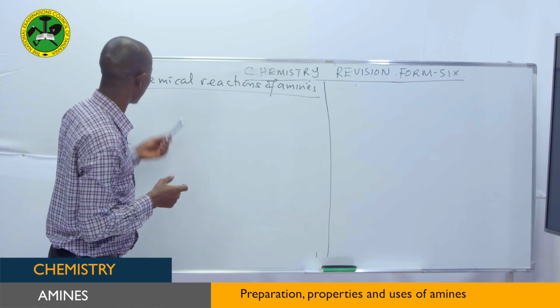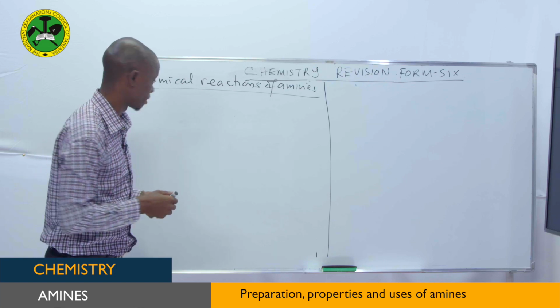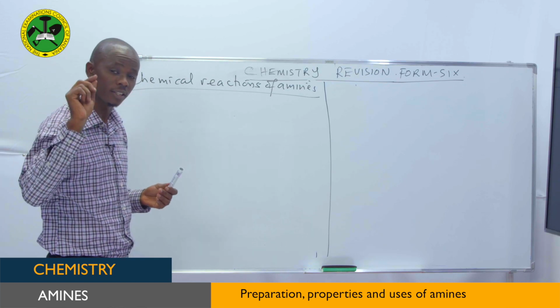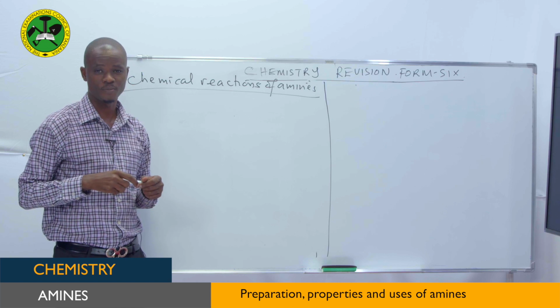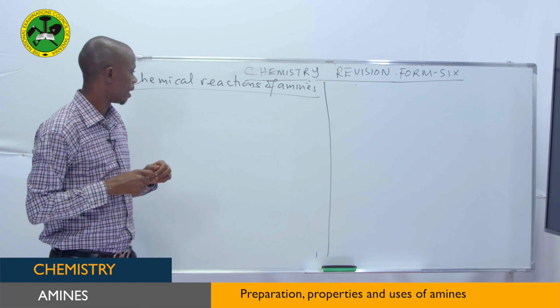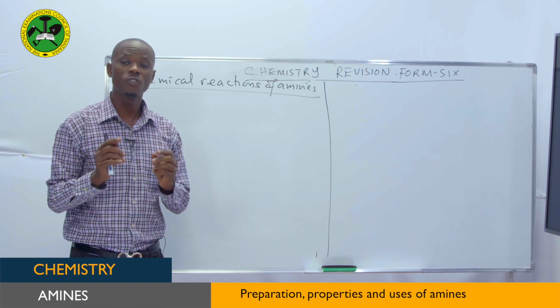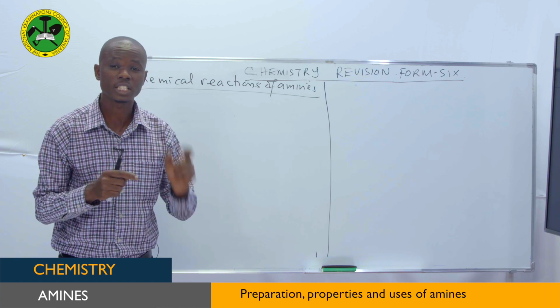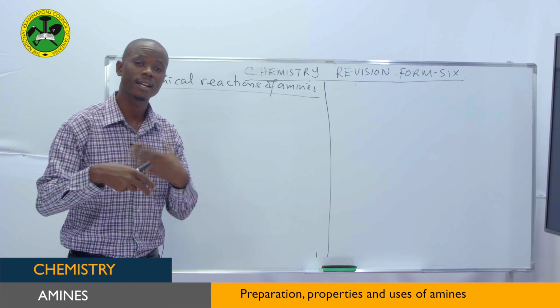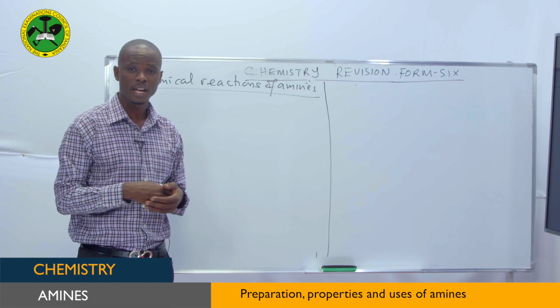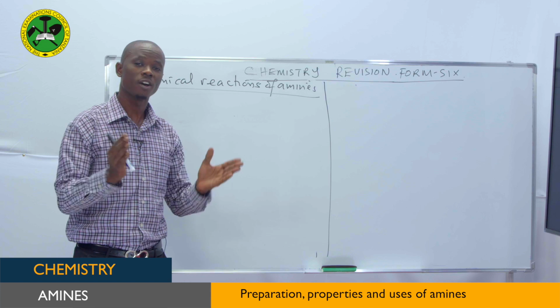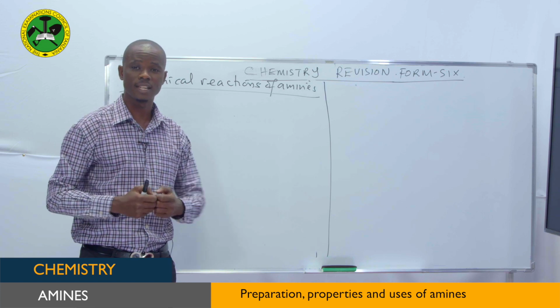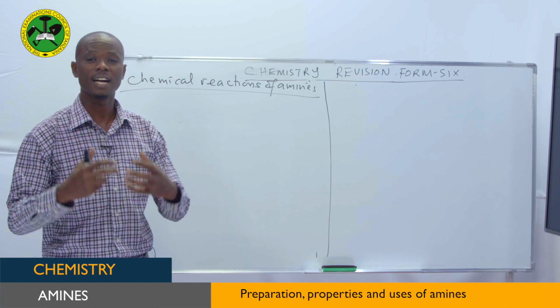Now let us consider how amines react. Amines react, as I said, by donating electrons. So the availability of the lone pair present on the nitrogen atom for donation explains the reactivity of these amines. If that is the case, we can generally say that amines react as bases.